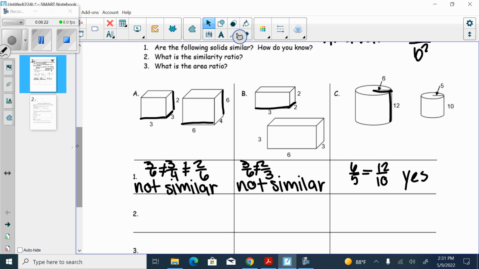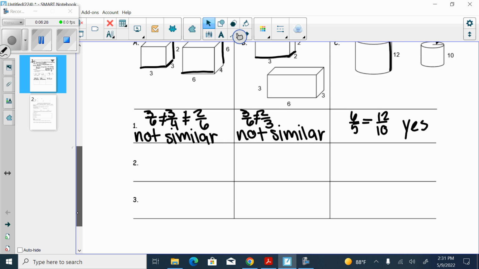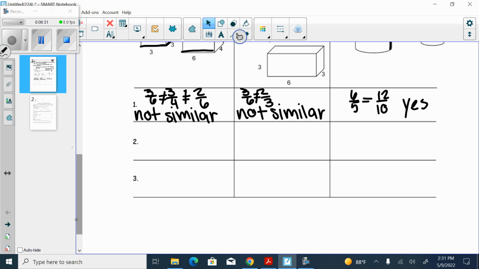Okay, because I said they're similar, they asked us to fill in the next 2 blanks as well. They asked what is the similarity ratio? So our similarity ratio would be what? 6 over 5. Or remember, you can also write that as 6 to 5, like that. Either way is fine. Okay, then they asked for the area ratio.